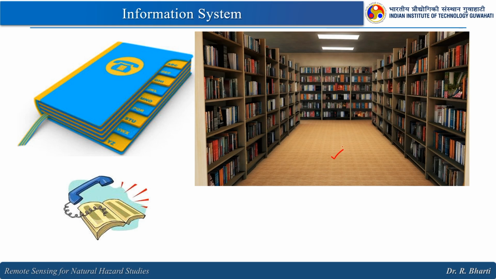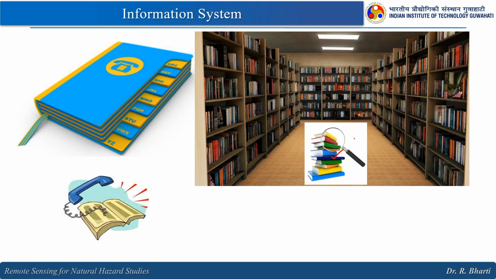So, we all have visited the library and we never go rack by rack to search a book, right. What we do? We refer to the catalog, and those catalogs will help you to find which book is where, right, and then you can directly visit that particular section and the rack, and then you will take out the book, right.